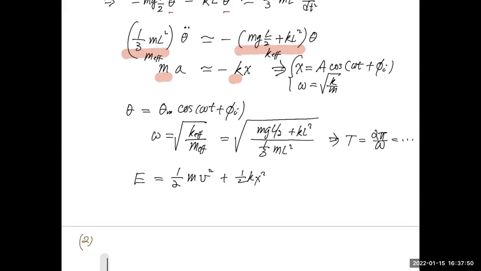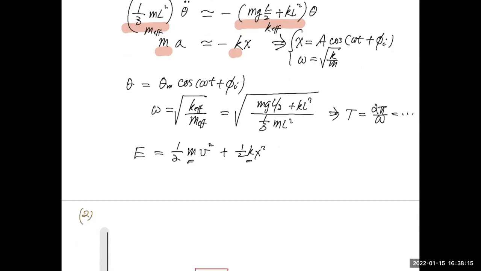And you're going to get m effective and k effective. Here x is replaced by theta, and v would be d theta dt. So you can compare with that standard expression and find what k effective is and what m effective is. Hopefully, if you did that, you'll get the same exact k effective and m effective as we saw here. So please give this a try, and if you run into issues, please let me know.